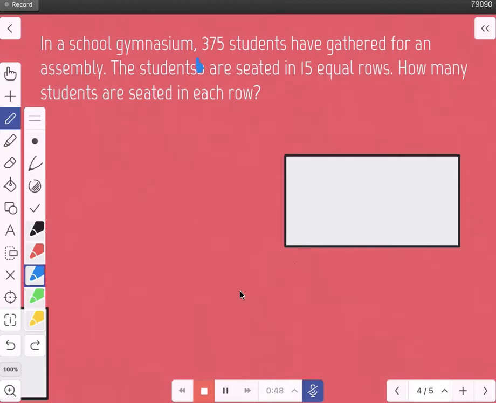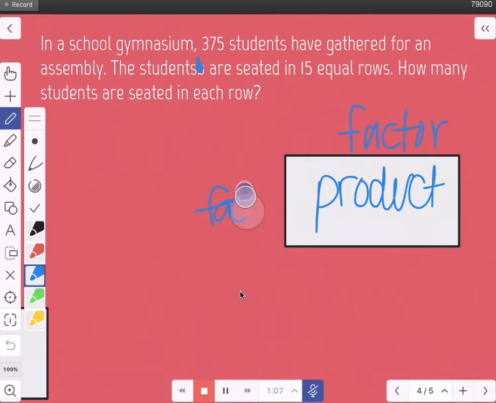When I look at this rectangle and I think back to what I know about an area model, I know that this is kind of the product and its factors are on the sides. I would like you to draw that. Okay, so we know that factor times factor equals product, right? Go ahead, pause and draw that now.